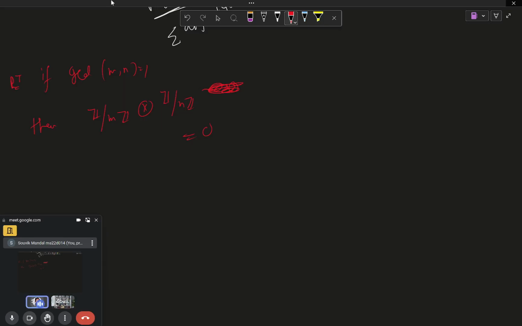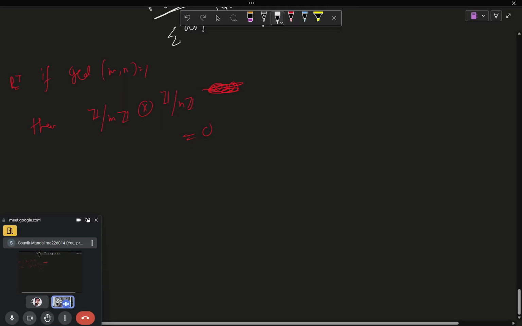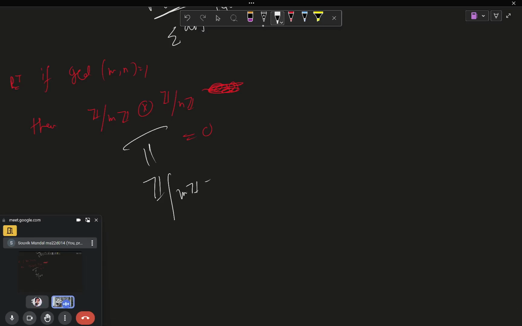Sir, zero means the zero tensor. So till now you understood that this is equal to Z/(mZ plus nZ). Right, now you need to check whether it is 0 or not.